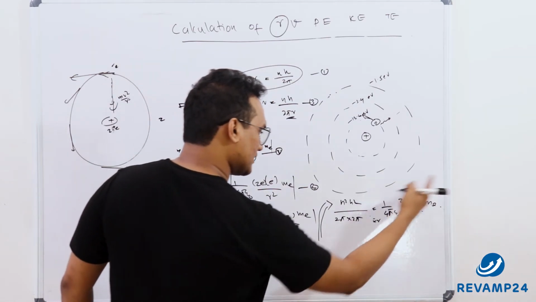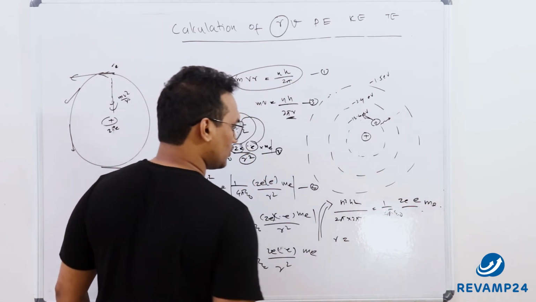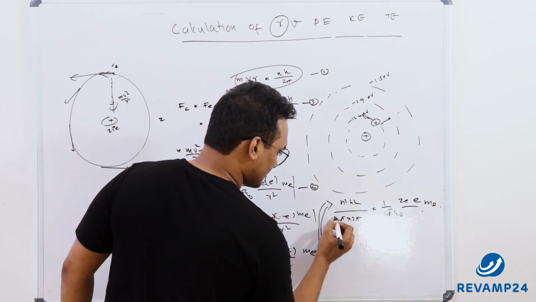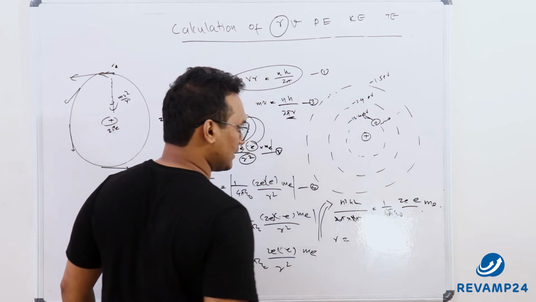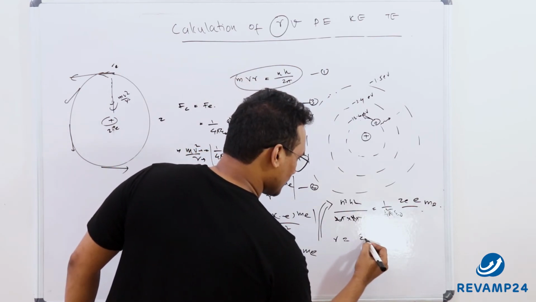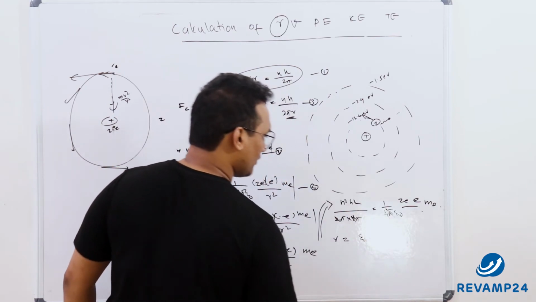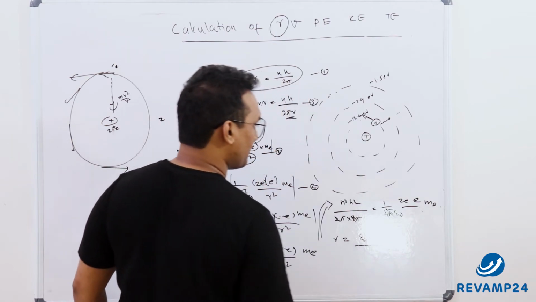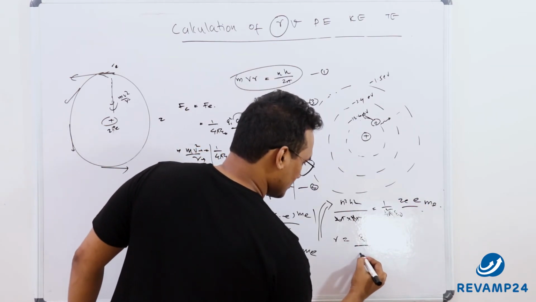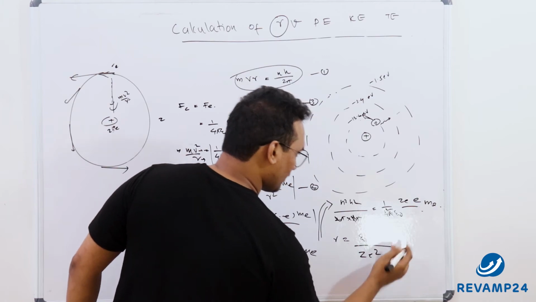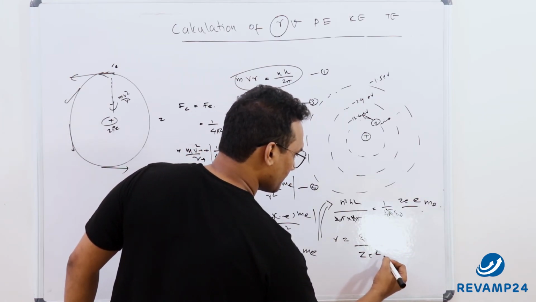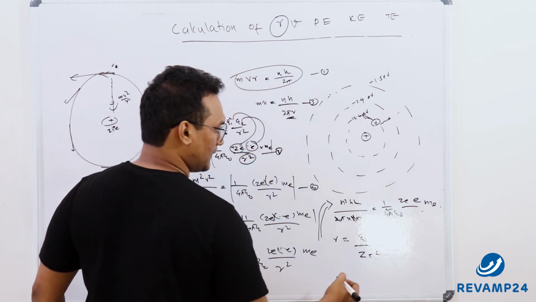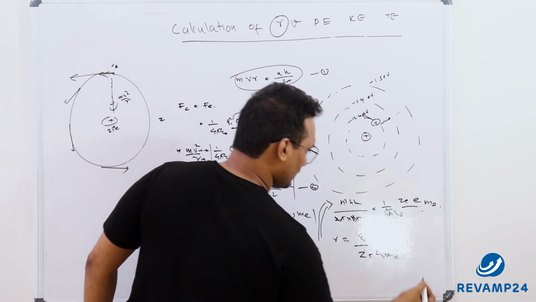So take r to this side. So r is equal to, and one more thing, I am cancelling 2 into 2, 4, and 4 here, pi cancelling. Take epsilon 0 here. So epsilon 0 n square h square divided by z e into e, so that will become z e square, and me will also come here.